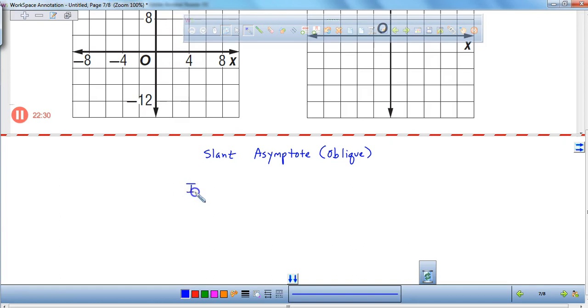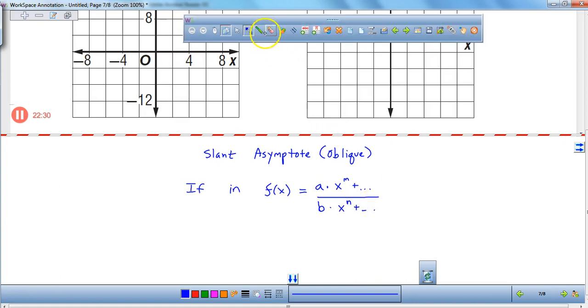If f of x equals a times x to the power of m plus I don't care, over b times x to the power of n plus I don't care, which means it doesn't matter what follows it.